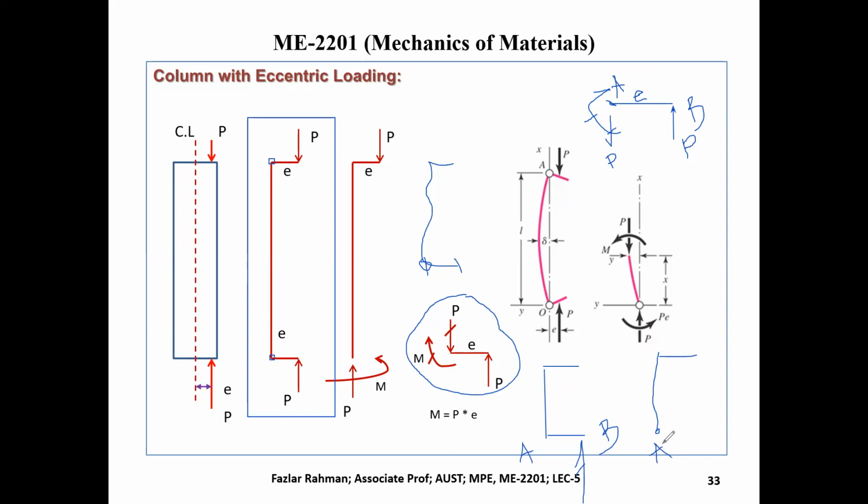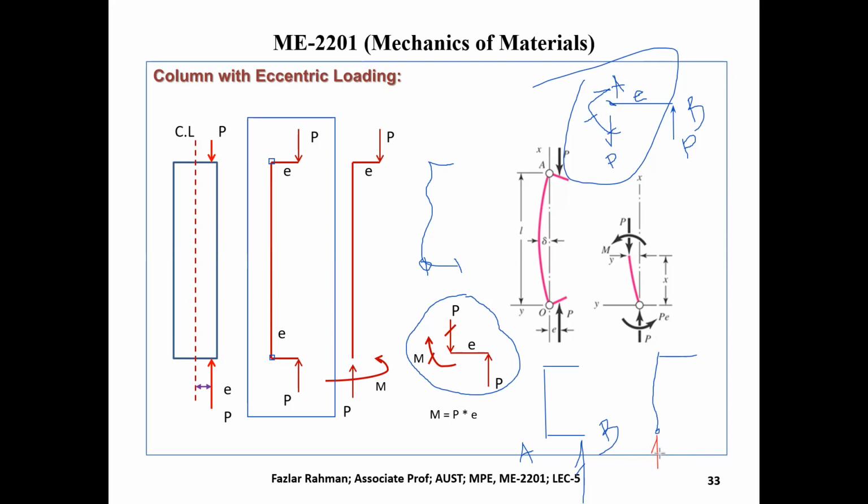Obviously, this force will be opposite of the force at this end. I make the free body: this P is working downward, so over here this will be upward. This is clockwise, so this will be anti-clockwise. So right over here we will have a force P upward, because the other is working downward.